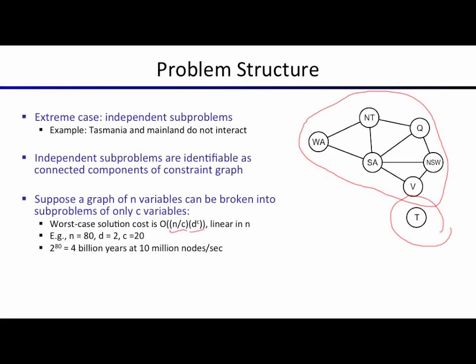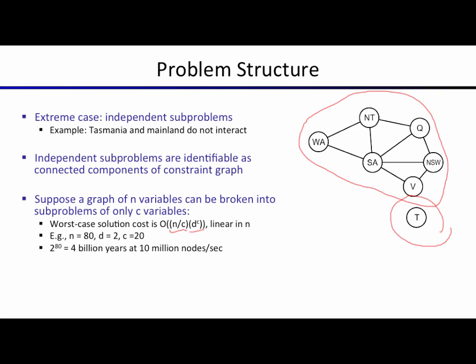If I solve this CSP without exploiting the structure at all, I'm going to have d to the n, that's 2 to the 80 possible assignments. So if I go at 10 million nodes a second, it's going to take me 4 billion years to go through all of them and check them, and that's the worst case complexity. So 4 billion years is, well, a little bit younger than the age of our planet Earth. Probably don't want to wait that long for this thing to solve your CSP.